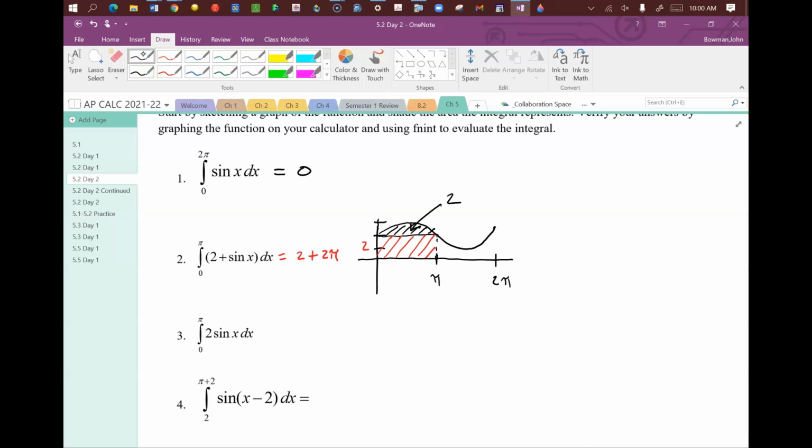In the next problem, we have a vertical stretch of the sine function. So I am going to graph one period of the sine function, but I'm going to try and make it look taller. So again, 0 to 2 pi, this is pi. And when we vertically stretch it, instead of going from -1 to 1, it goes from -2 to +2.